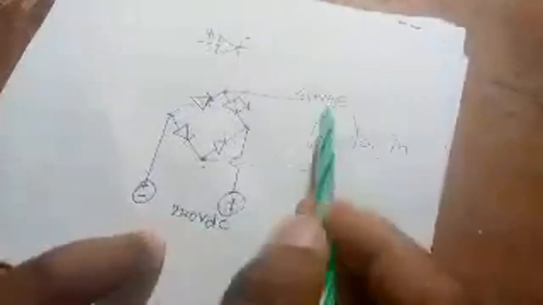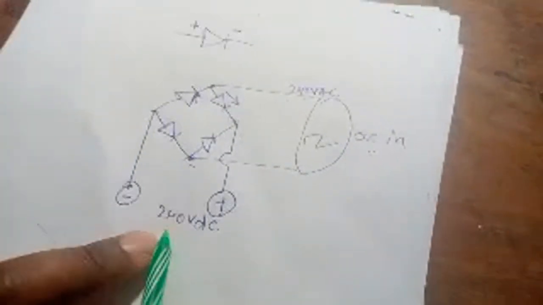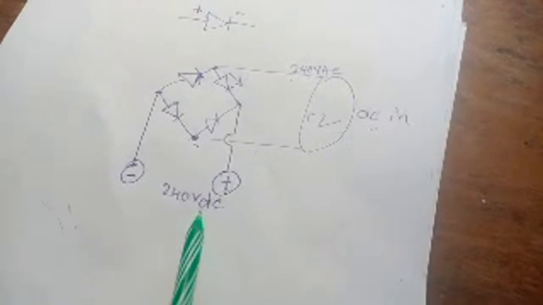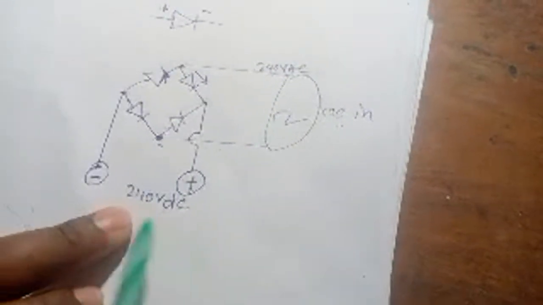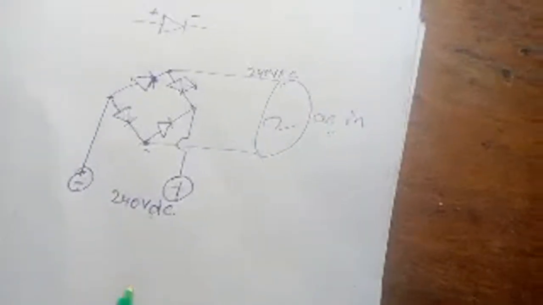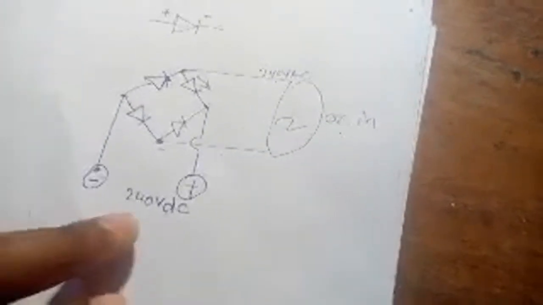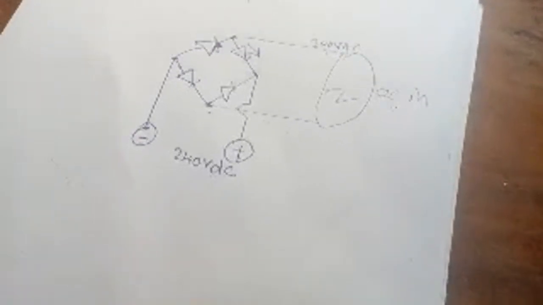So once we have rectified from AC to DC 240, we will do the measurements and we will really see how it works. And let me just check it right now.